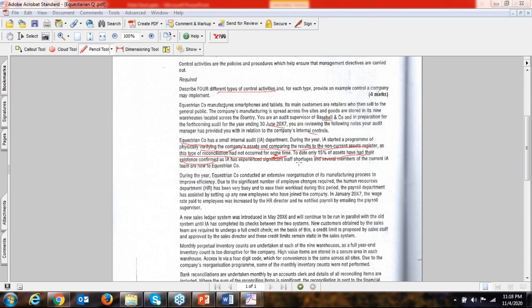So the recommendation should be that the internal audit department should complete this exercise even if they require more staff. This exercise should be done, and if any asset does not confirm its existence, it should be adjusted.